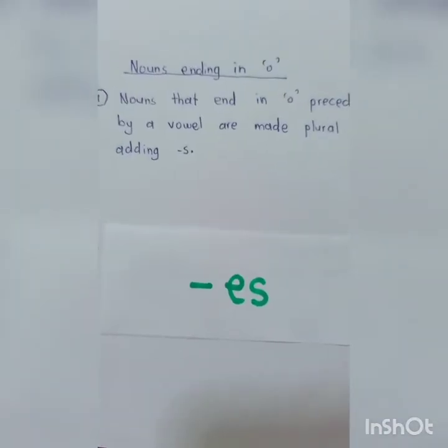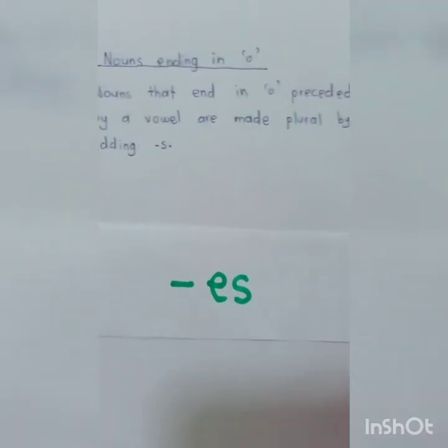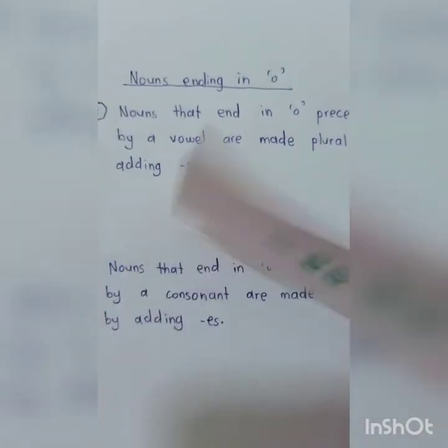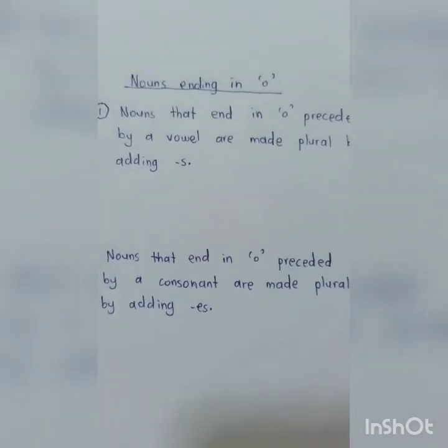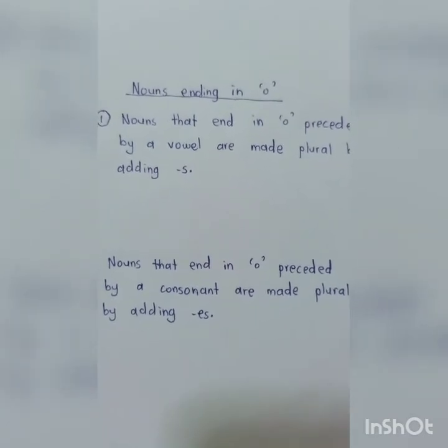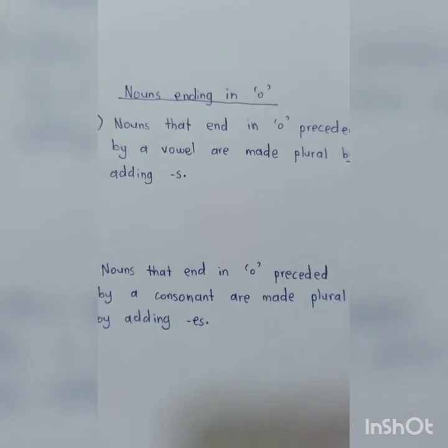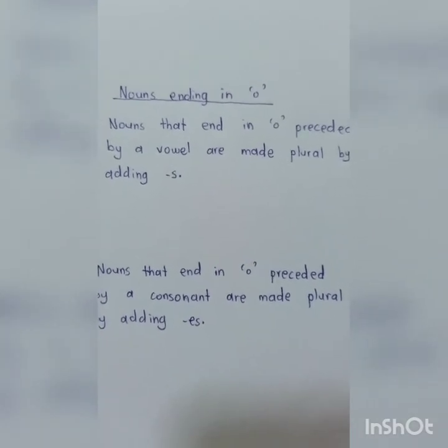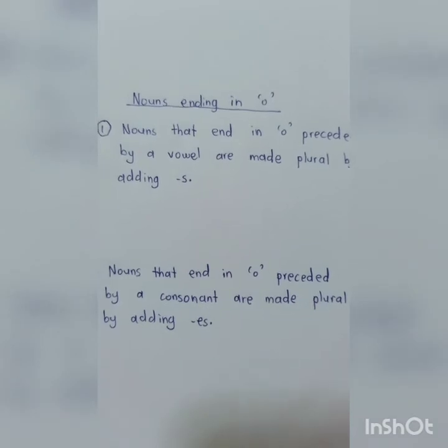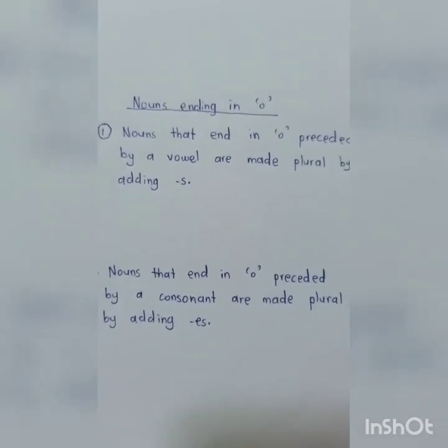Alright, the next one, nouns ending in O that you just have to add es at the end. So nouns that end in O preceded by a consonant are made plural by adding es. So kalau tadi O yang sebelum O tu adalah vowel A, E, I, O, U, kita tambah S sahaja. So kalau dia selain A, E, I, O, U, ia adalah consonant, so kita kena tambah es.